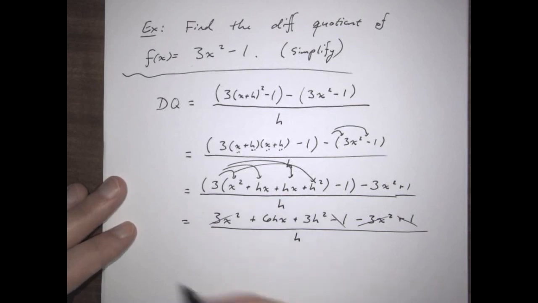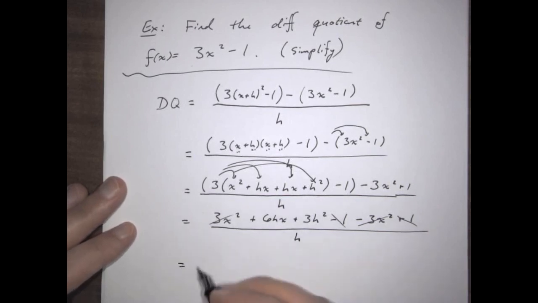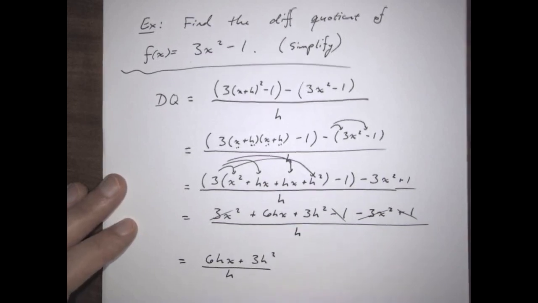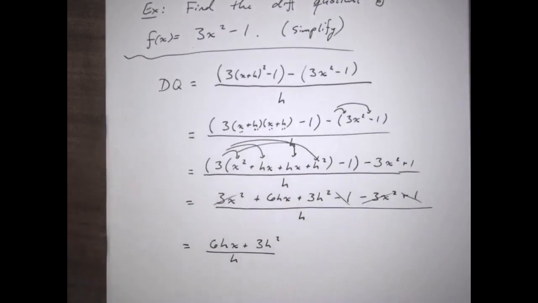So then we look at what we have left. We have 6hx, we have 3h squared on the top, and we have that all being divided by h.